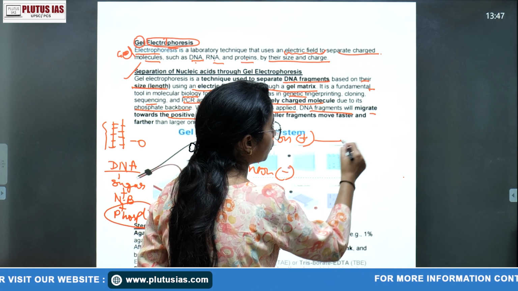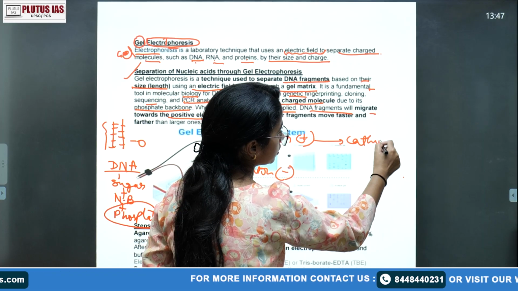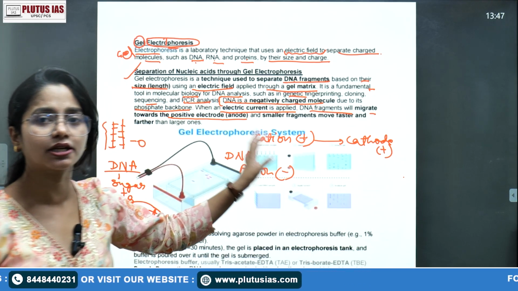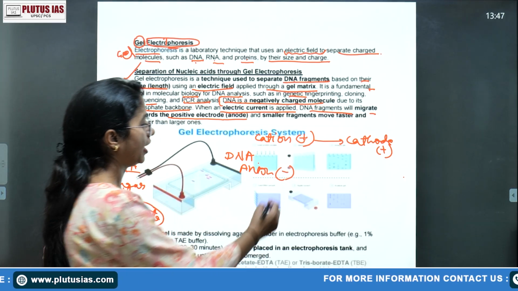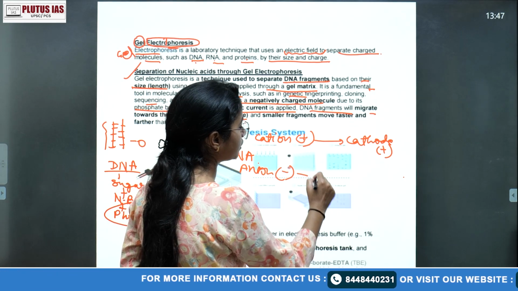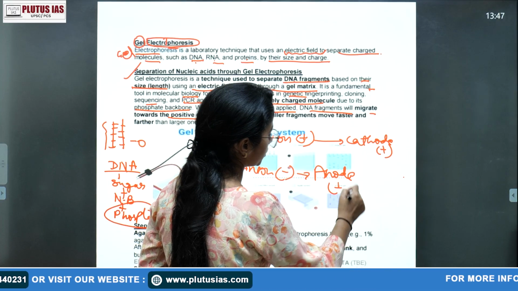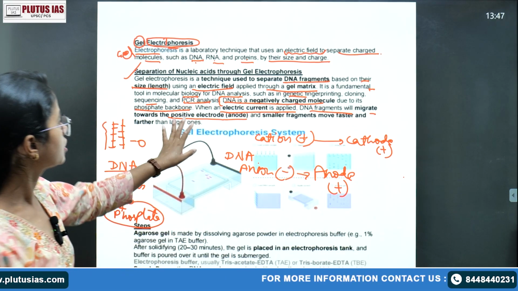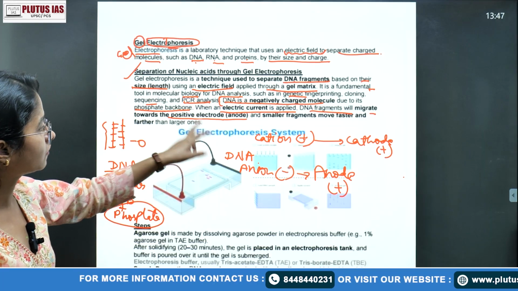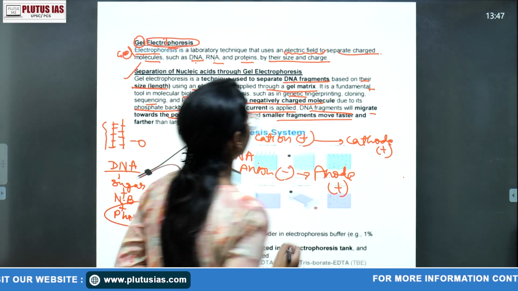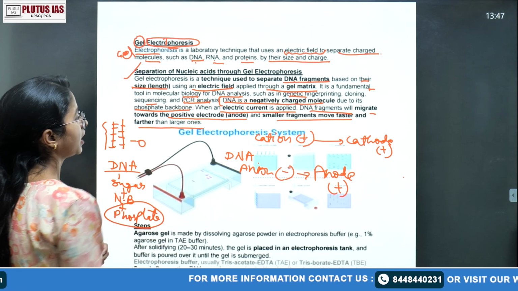So cation moves towards the cathode, right? Do not get confused between the cation and cathode. And anion is negatively charged, so it will move towards the anode. So that means the anode is the positive electrode, and smaller fragments move faster and farther than the larger ones.